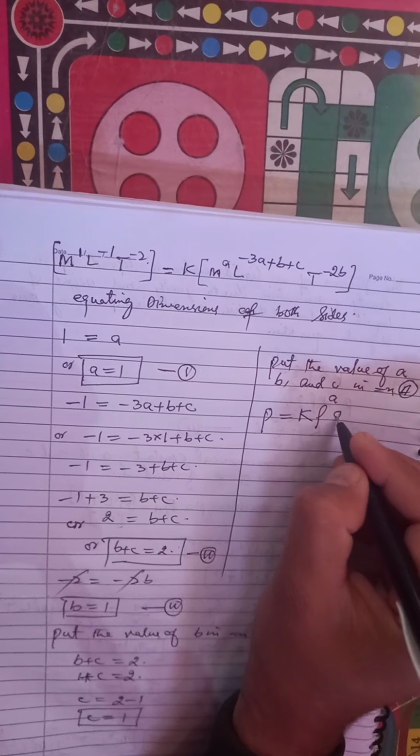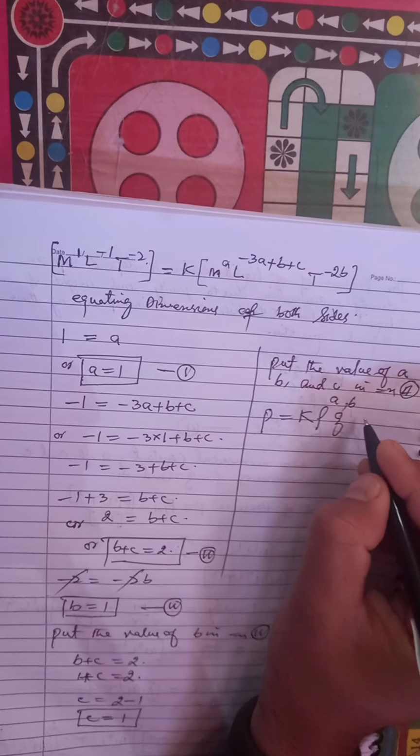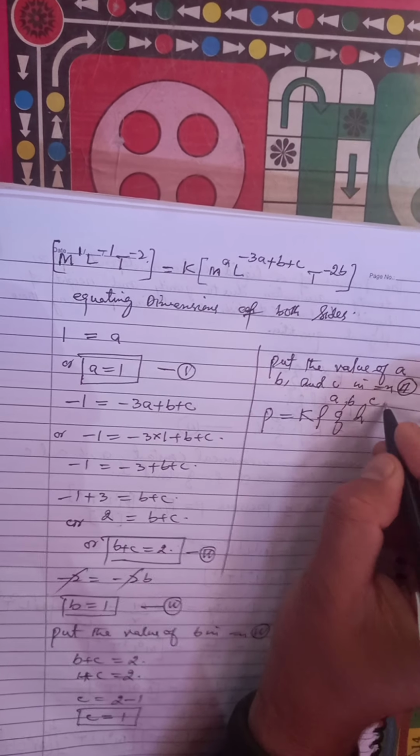Put the values of a, b and c in equation A. Equation A is: pressure is equal to K times rho raised to power a, acceleration due to gravity raised to power b, h raised to power c.